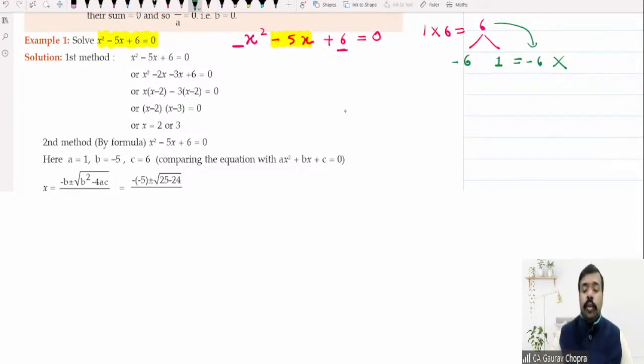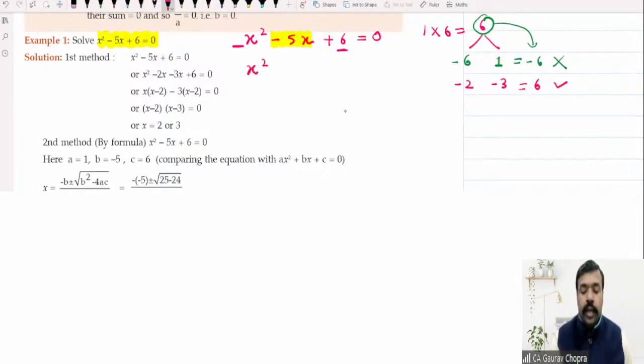The product should be equal to 6 and their total should be equal to minus 5. If we see the second case, minus 2 and minus 3, if we multiply them, the total is 6, and if we add them, the total is minus 5. Yes, now this is correct.